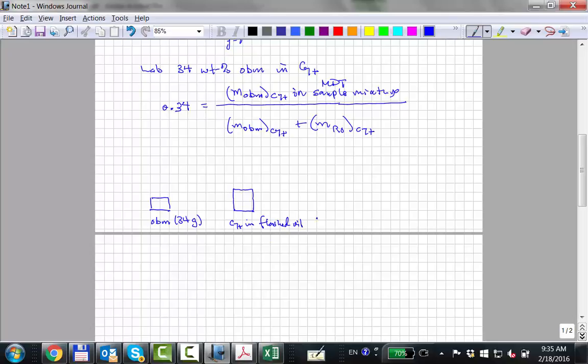We take 66 grams of that sample. We add it to 34 grams of the oil-based mud, and we get our mixture, which is 100 grams. And that's our C7 plus stuff in the sampled MDT mixture. That's 100 grams.